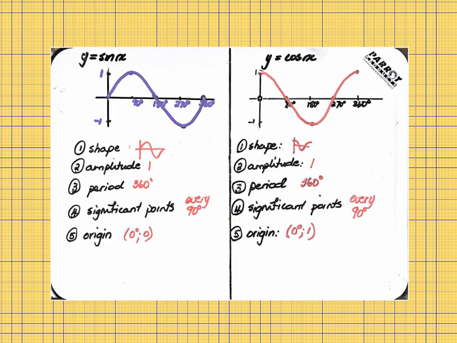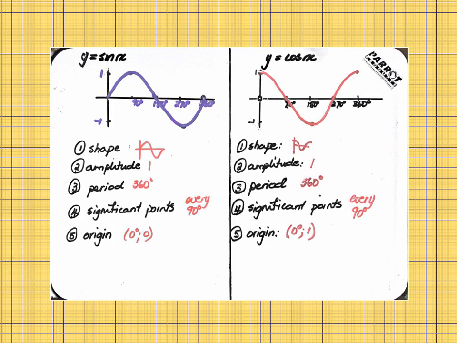So if we look at our 5-point plan, the shape of the sine x graph, I've copied that. Then the shape of the cos x graph, well, that is just the sine x graph shifted 90 degrees to the left. So I've taken this graph and just shifted it across 90 degrees to the left. So their shapes are different, just in terms of where on the wave it starts.